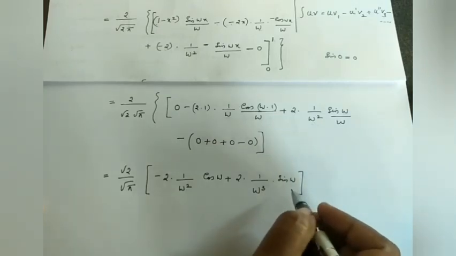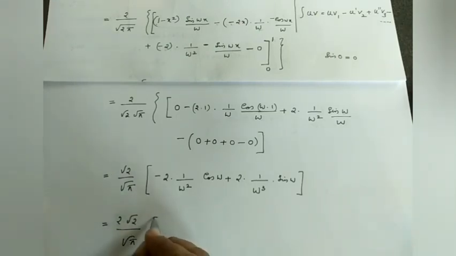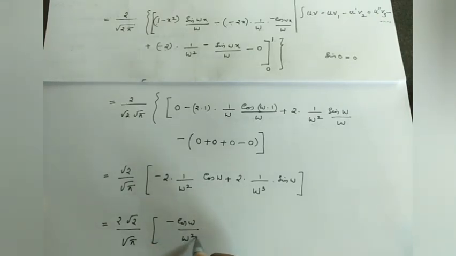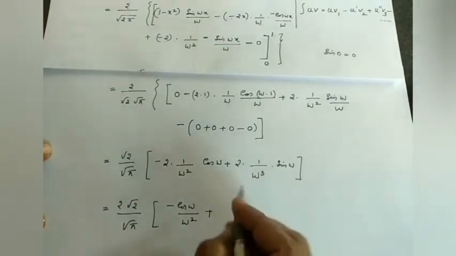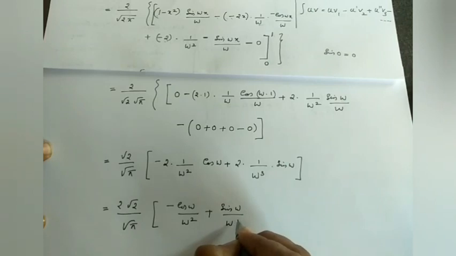Here again we can take 2 outside, that is 2 into root 2 by root pi into minus cos omega by omega square plus sin omega by omega cube.